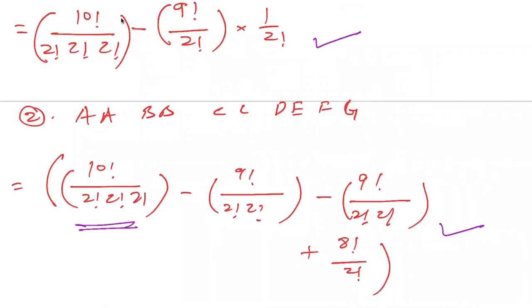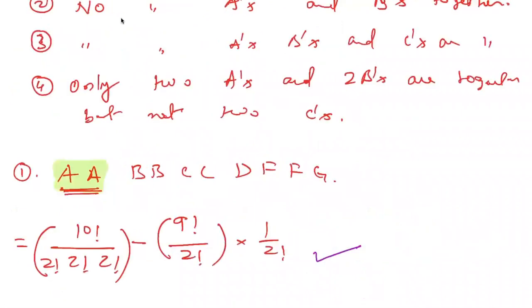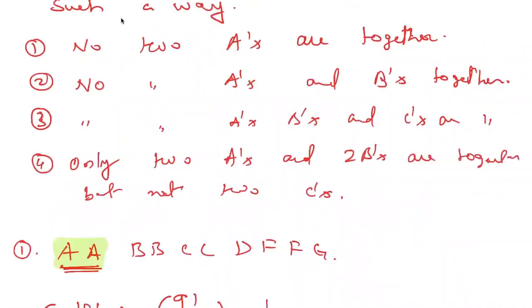This is total number of A's, two A's are together, two B's are together, two A's as well as two B's are together. See, no two A's, B's and C's are together, right?